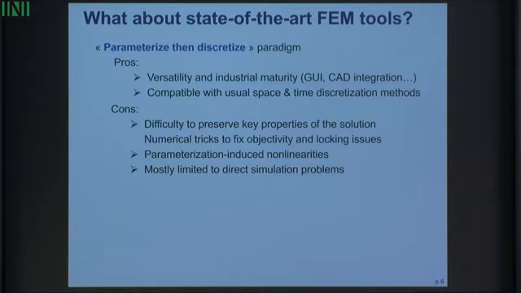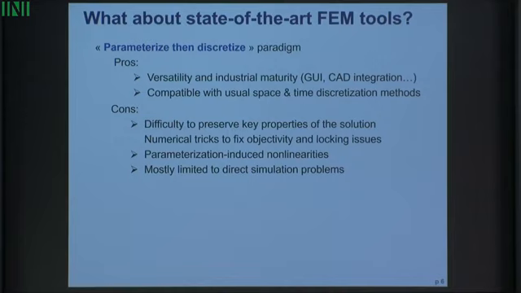First, because we first parameterize and discretize, we lose the link with the geometry. So it turns out that it's quite difficult to preserve some key properties of the solution, and one of them is objectivity, or frame invariance. In this technique, you should be very careful if you want to implement this in software in order to guarantee objectivity. This becomes very technical. Also, in the nonlinear finite element method, we have a lot of locking problems.